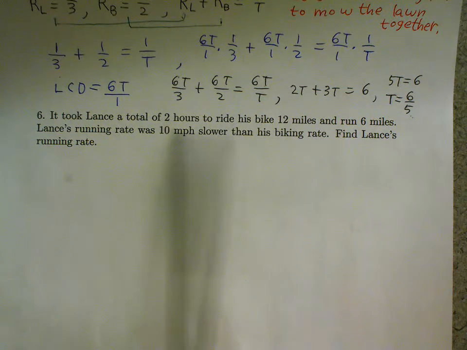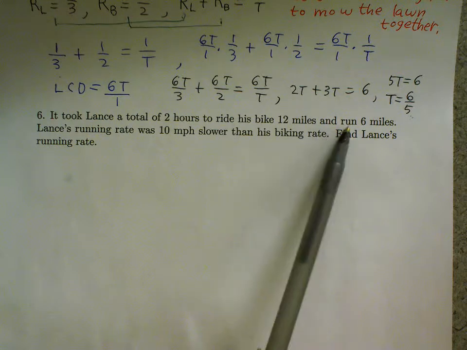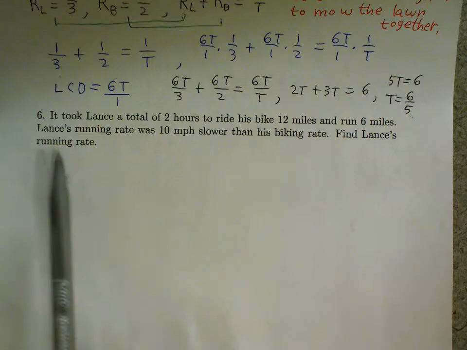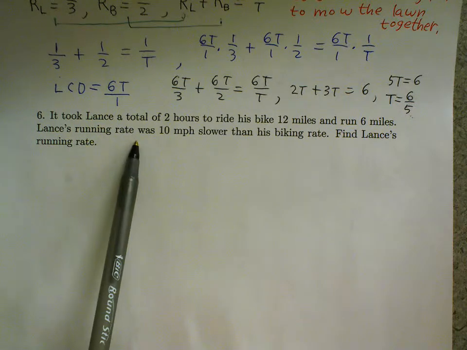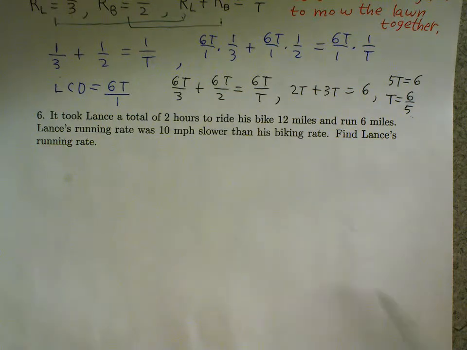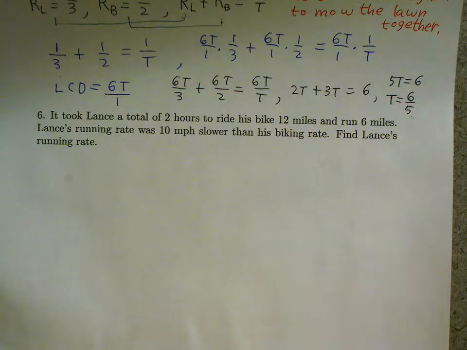During the 2 hours, he's riding his bike a distance of 12 miles and running a distance of 6 miles. And as we would expect, the running rate is slower than the biking rate, and it's slower by 10 miles per hour. So find Lance's running rate.